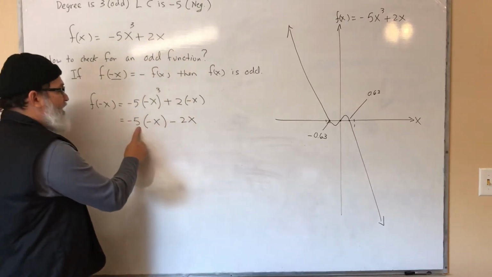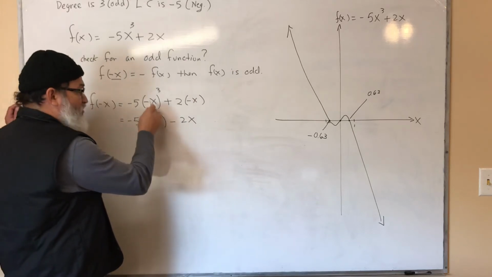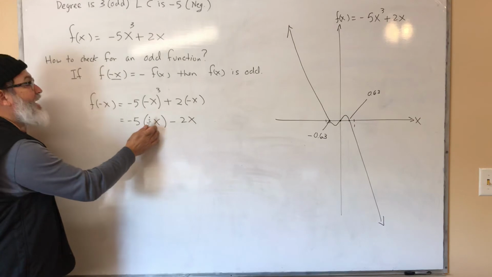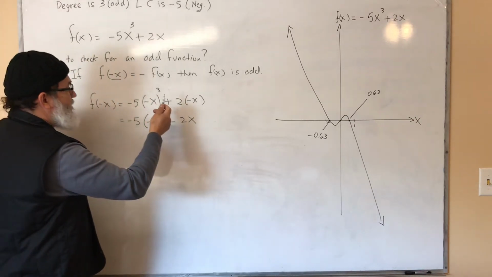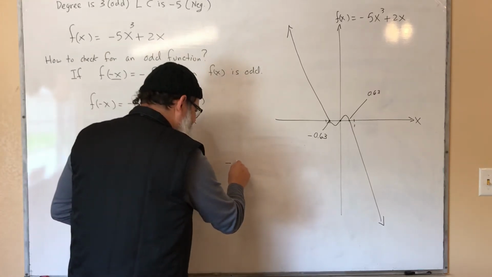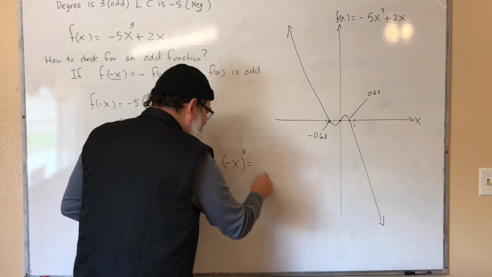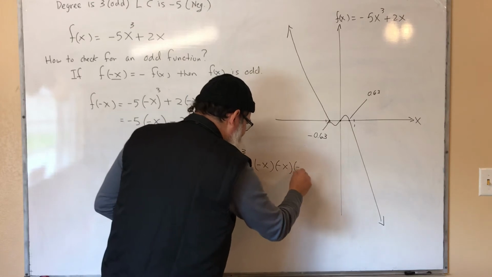If you raise negative x to the third, look, it's negative x times negative x times negative x.